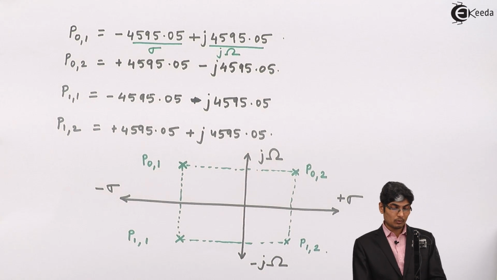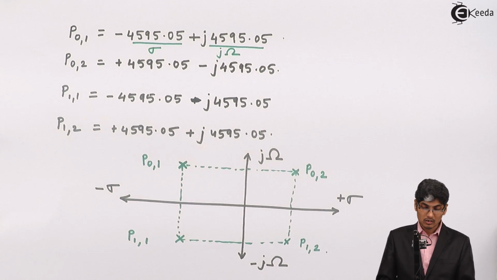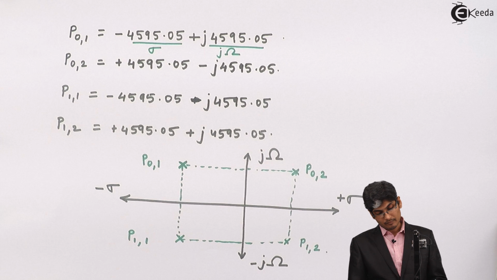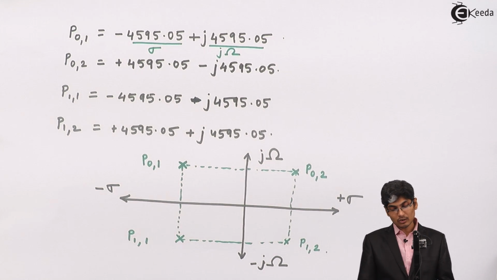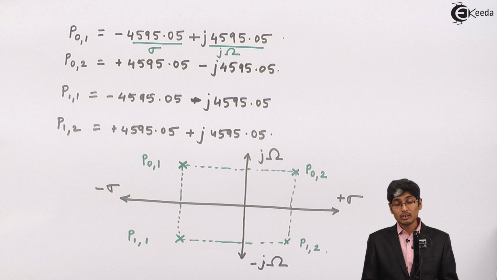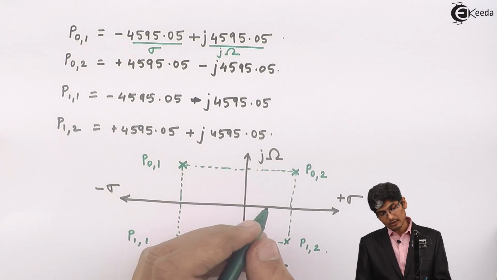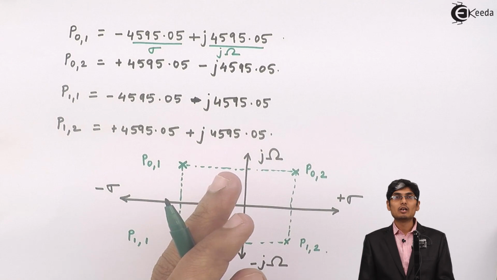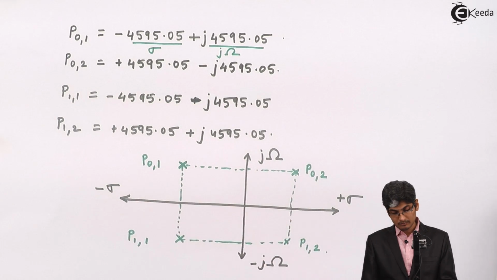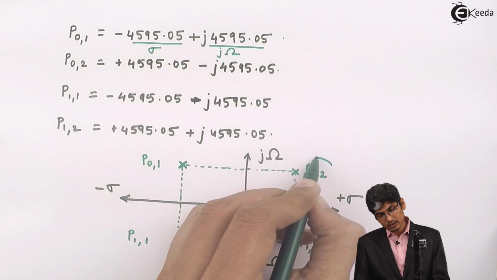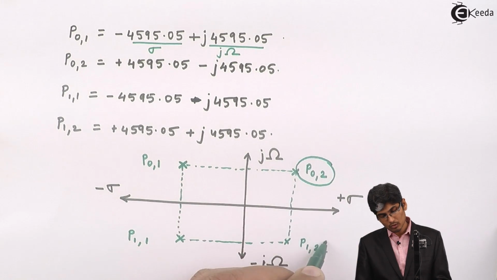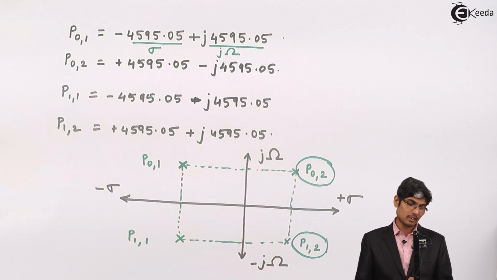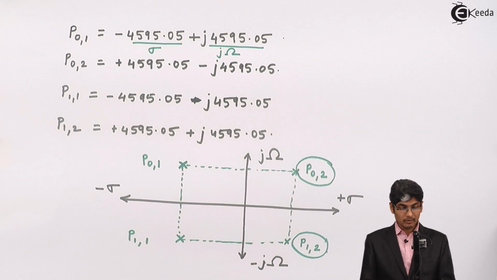So we have 4 poles on 4 positions, but according to the theory of control systems, we know that poles on the right hand side of the S plane make the system unstable. So I will not use these 2 poles which are on the right hand side of the S plane because they will make the system go unstable.